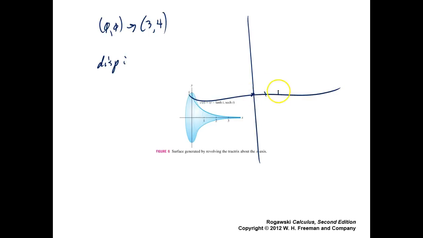Zero, zero to here. What is its displacement? Now, we don't know it went along that path, but what is its displacement?